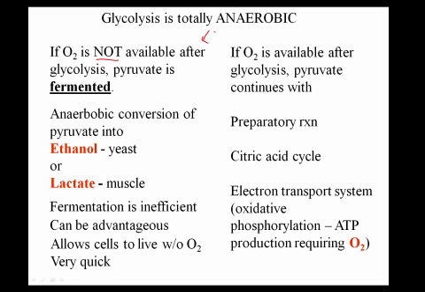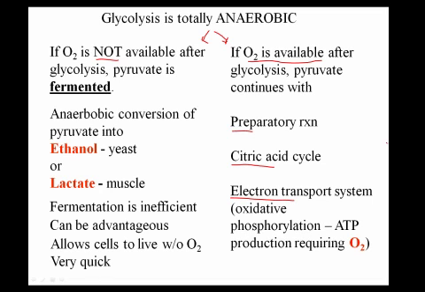What we would prefer is that following glycolysis, oxygen is available. And if oxygen is available, then the pyruvate, which is the product of glycolysis, is going to feed into that preparatory reaction. The preparatory reaction feeds into the citric acid cycle, and then the citric acid cycle feeds into the electron transport system.